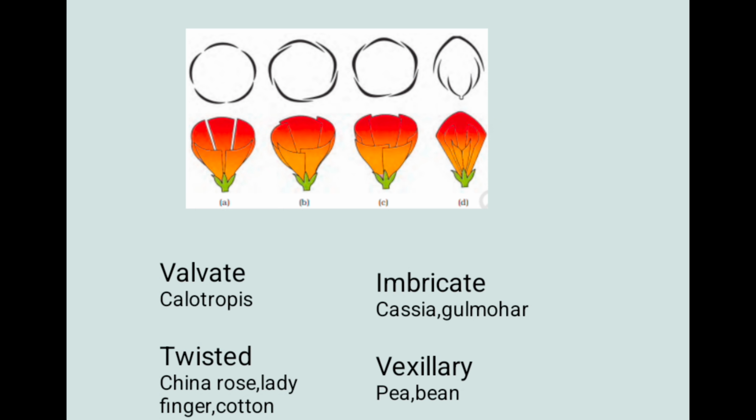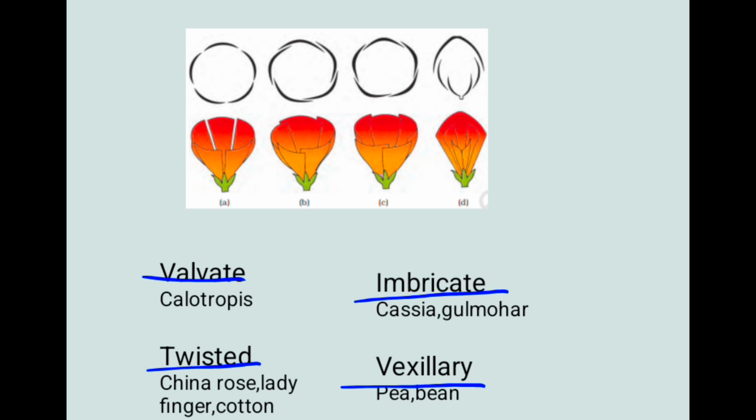Aestivation is the arrangement of sepals or petals in the floral bud with respect to other members of the same whorl. Valvate, twisted, imbricate, vexillary. Vexillary is also called papilionaceous. In valvate there is no overlapping, and it is seen in calotropis.